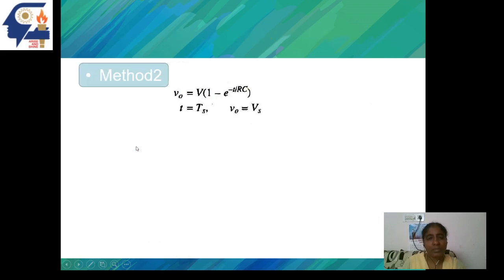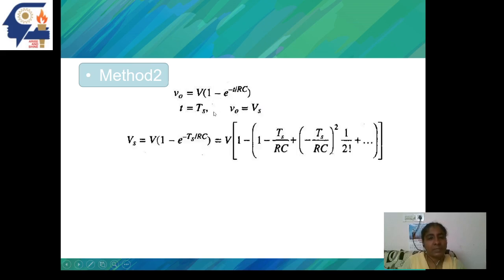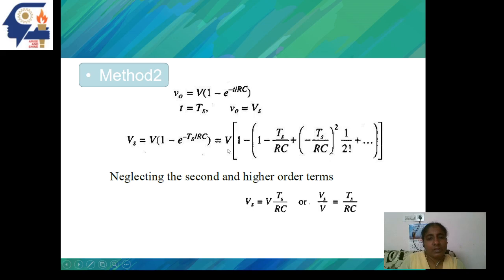Now another method. This is the output equation in the exponential sweep circuit. At Ts, the capacitor is going to get charged to a voltage of Vs. If we substitute t equal to Ts in the first equation, it becomes V into 1 minus e power minus Ts by Rc. If we expand the exponential e power minus x as 1 minus x plus x square by 2 factorial and so on, then on simplification 1 minus 1 gets cancelled, minus into minus becomes plus, and we get V into Ts by Rc.